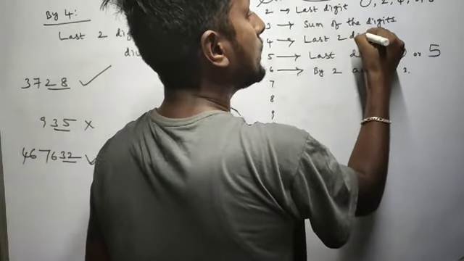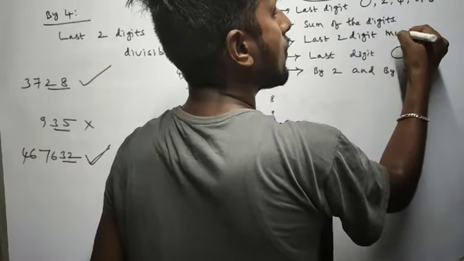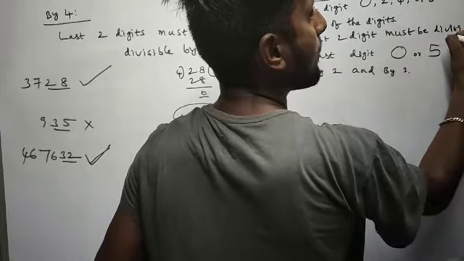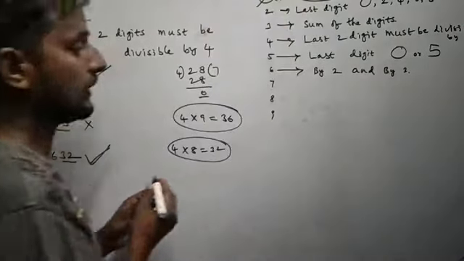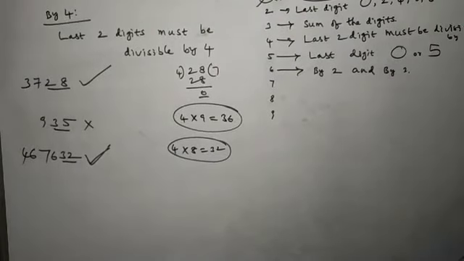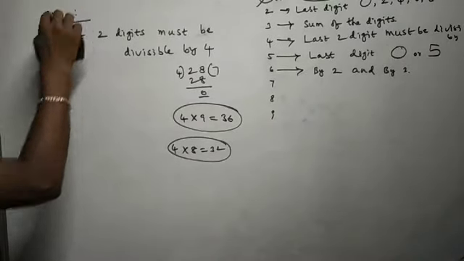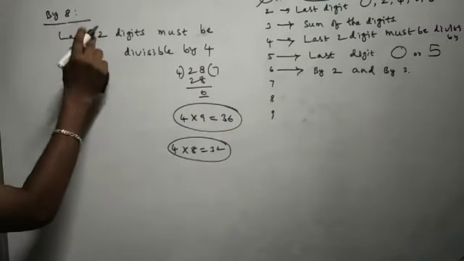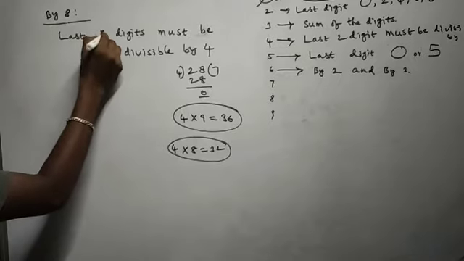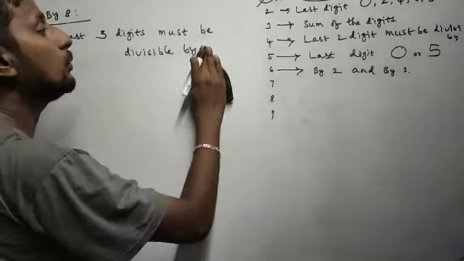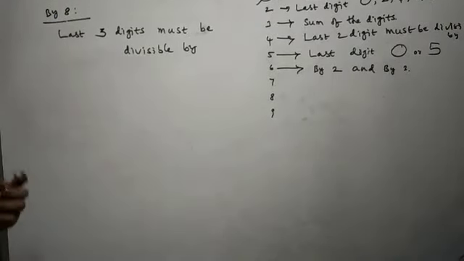So write down: last two digits must be divisible by 4. Next, the same condition works for 8 also, but a little bit different. For 4 I calculated only 2 digits, right? For 8 I will calculate only 3 digits. So simple.